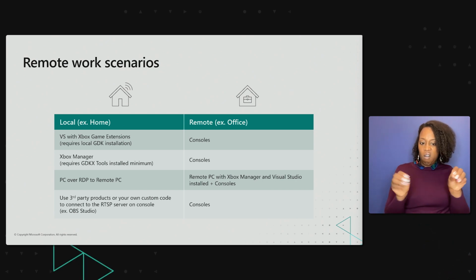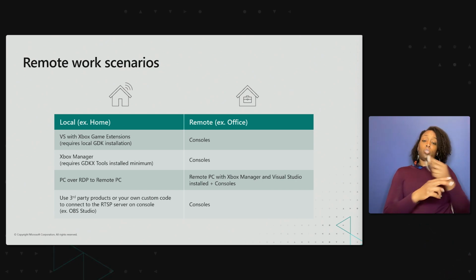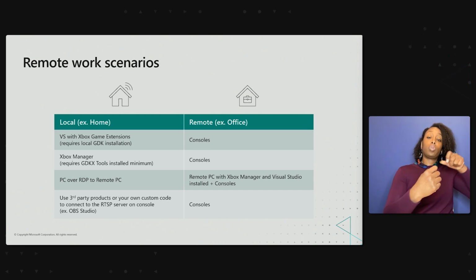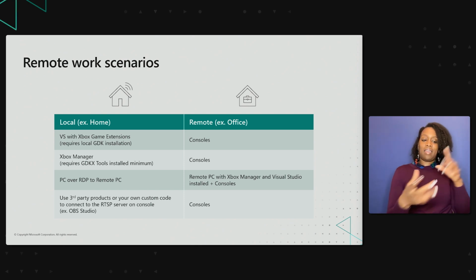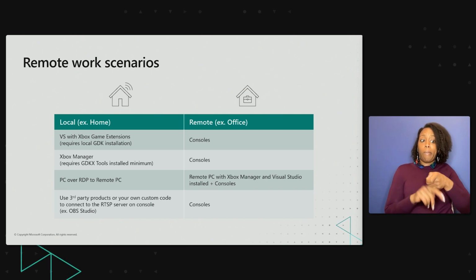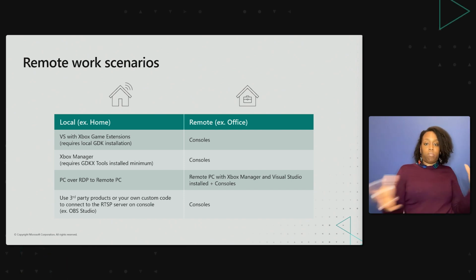Another common configuration is to use the remote desktop protocol to remote into a PC in your office and then to connect to your consoles from that PC. Finally, your home setup may consist of a set of third-party tools or tools written by your own studio, which then connect to the consoles back at work.